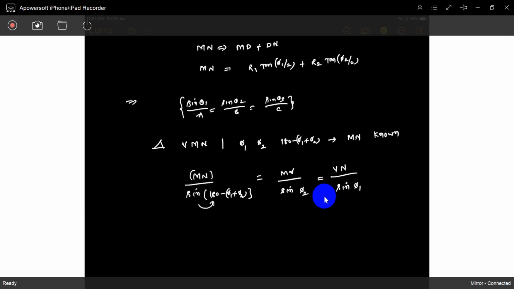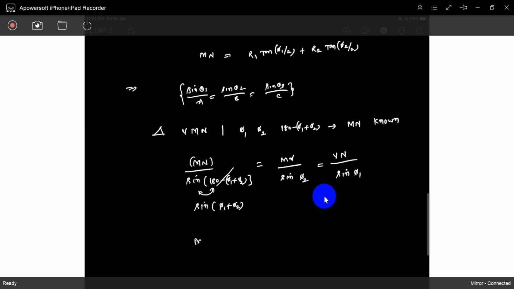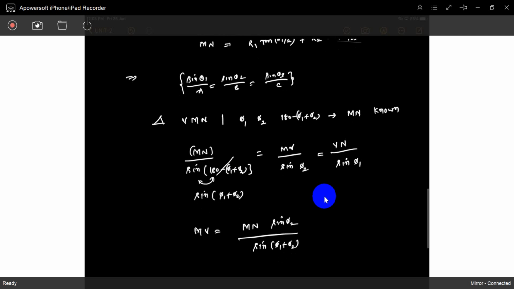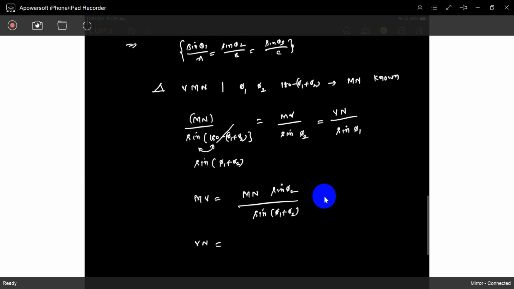Sine of 180 minus something gives sine only, you know it, no need to write 180 once again. So what is the value of mv? Mv is mn sine theta 2 divided by sine theta 1 plus theta 2. And Vn is the same, mn sine theta 1 divided by sine theta 1 plus theta 2.